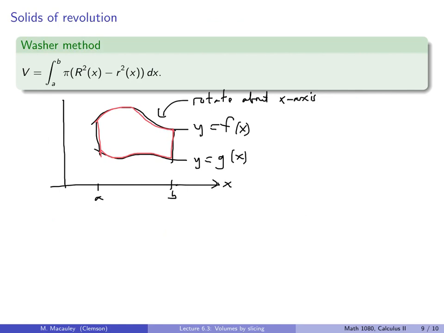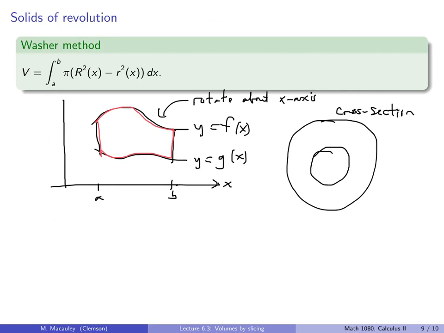I mean, if you think about it, you can convince yourself that the cross section of this, so let me draw a picture of this, is going to be this cylinder, this annulus object. It's going to be everything that's between these two circles.